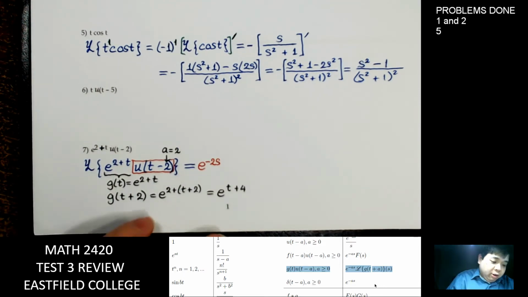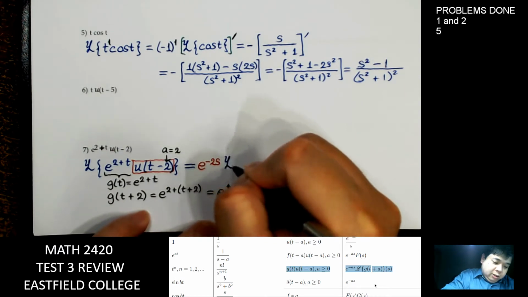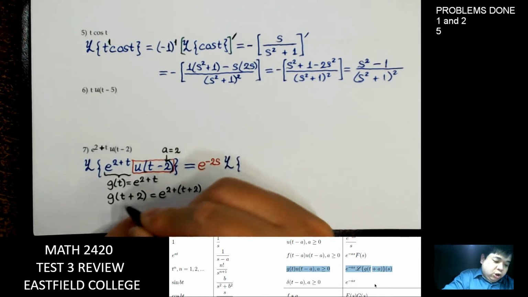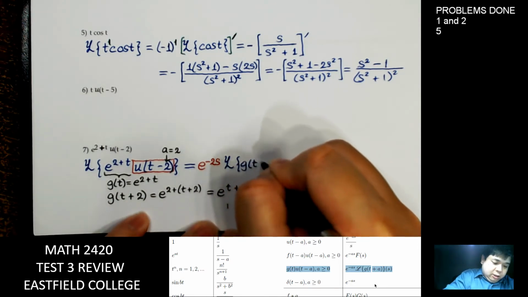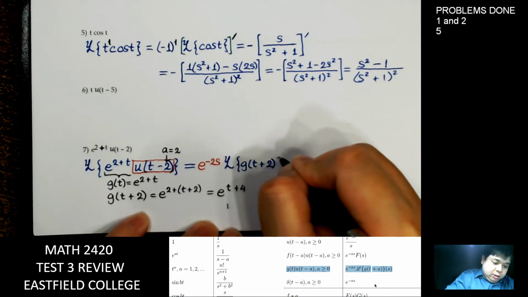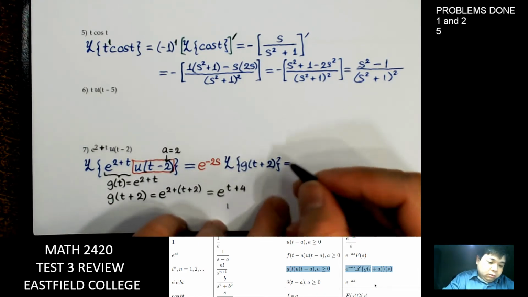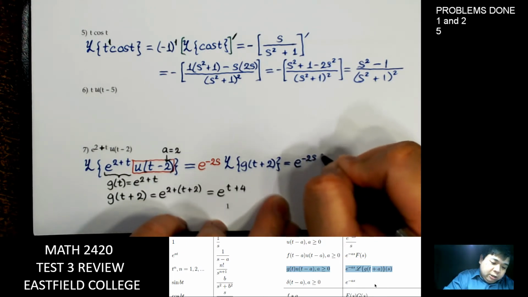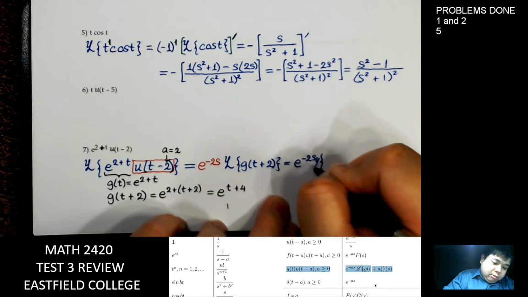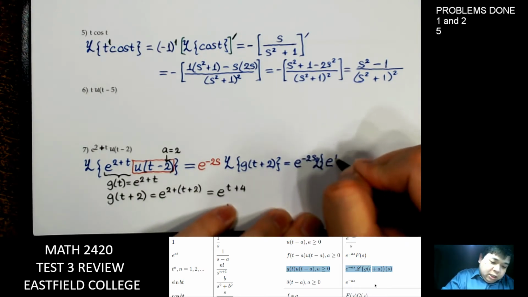And then we have the transform of the function g of t plus 2, so e to the negative 2s times the transform of e to the t plus 4.